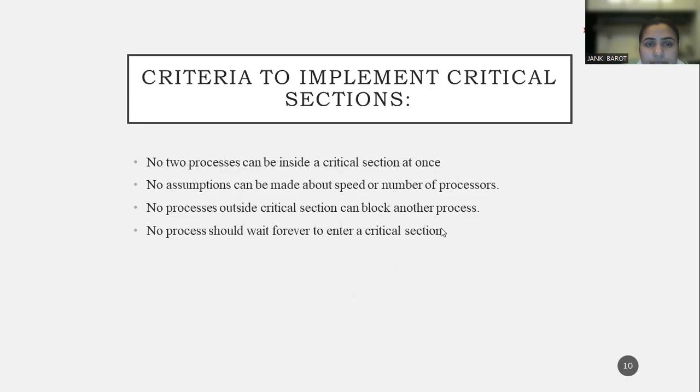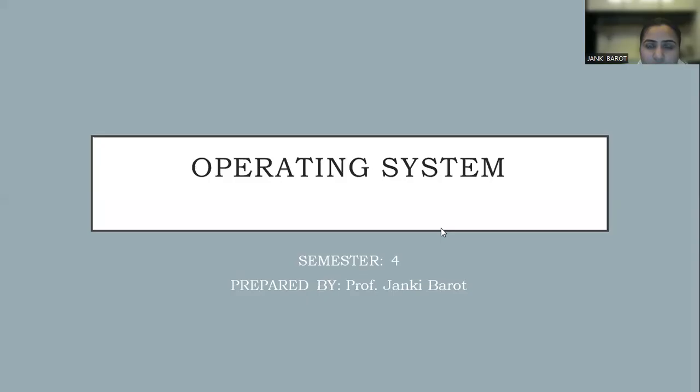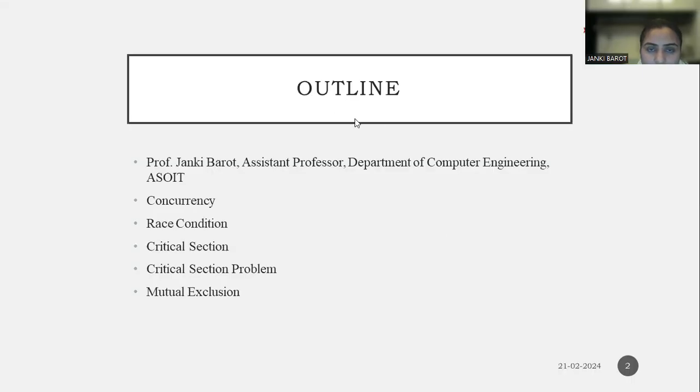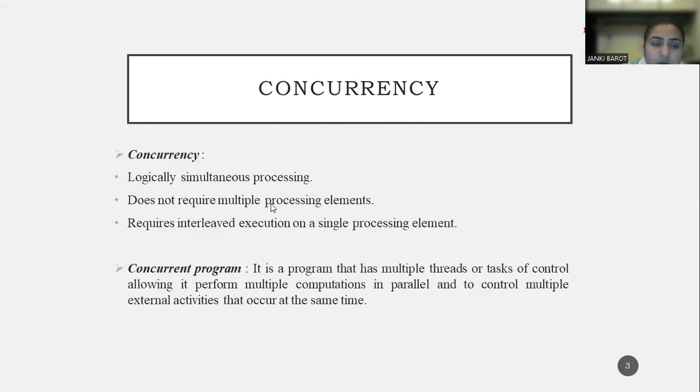So again, I want to go through the agenda or outline of today's lecture, what we have completed. What is concurrency? Let's see a quick revision. A concurrent program or concurrent process means two or more processes which are created at the same time for doing the same task.